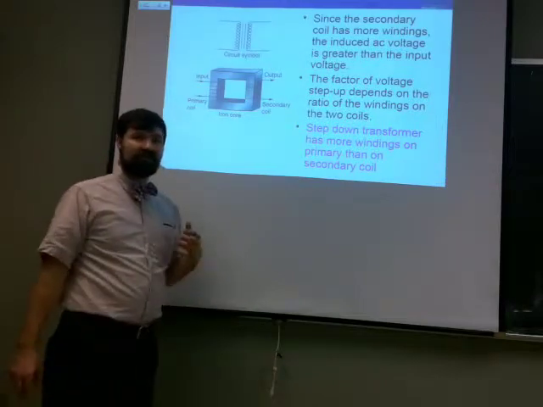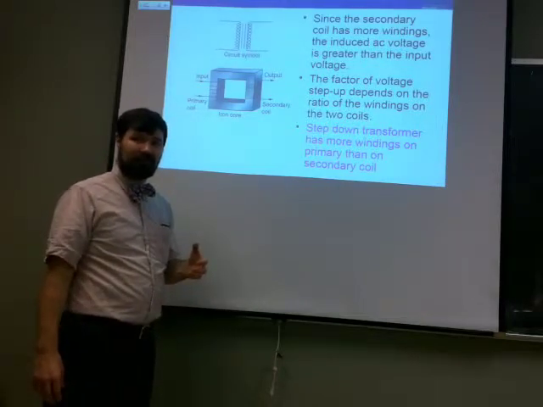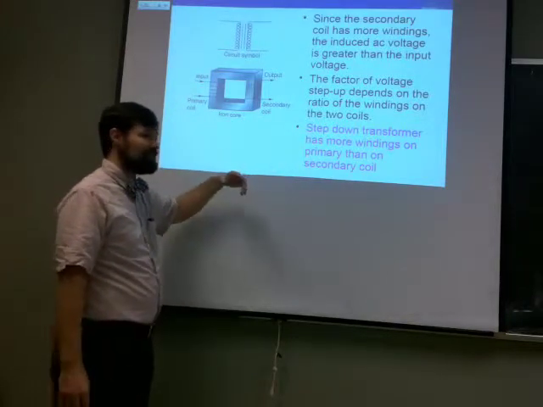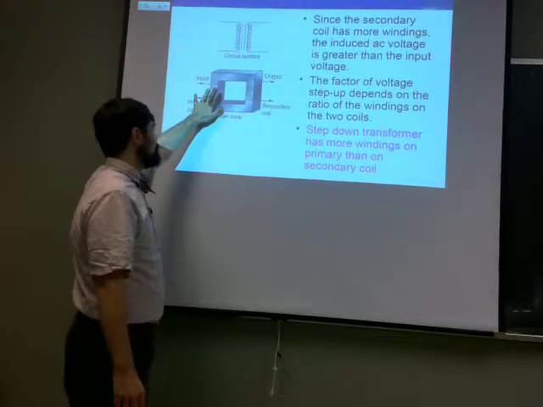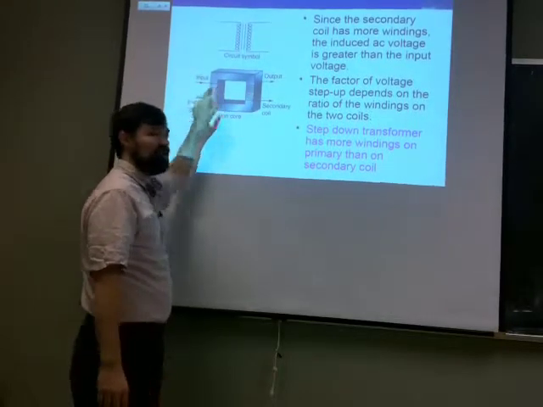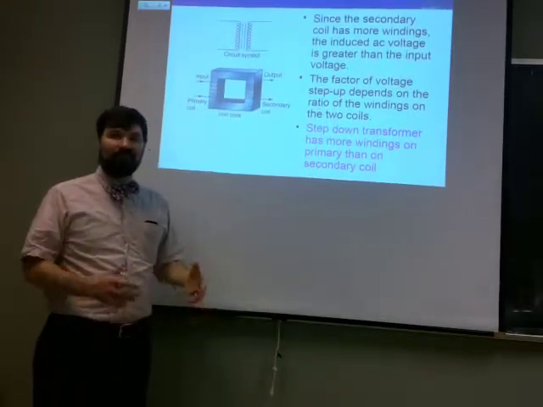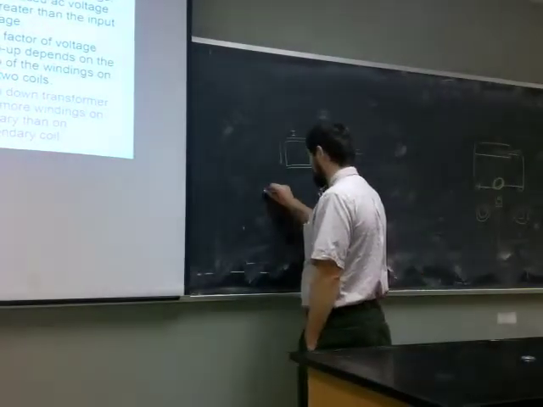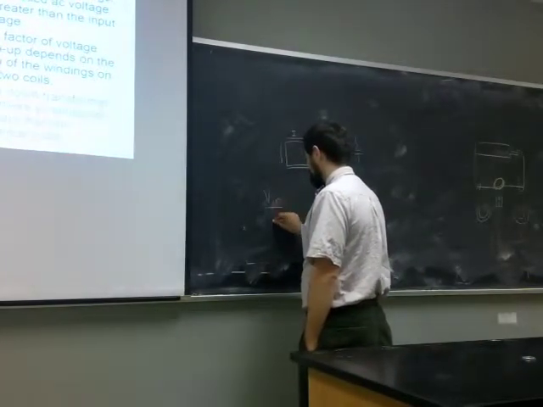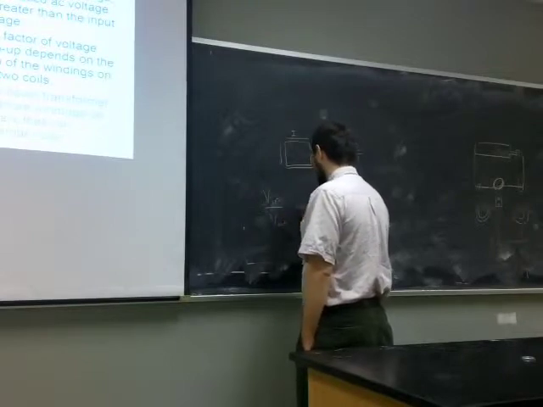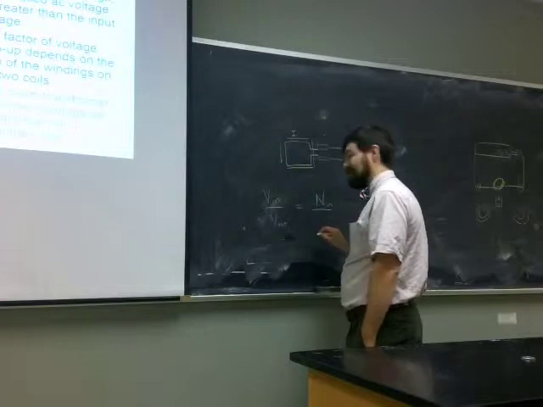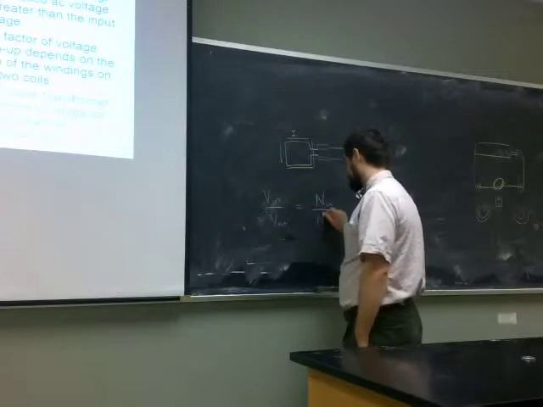One of them is called a step-up transformer. And what it does is it steps the voltage up. The way that it does that is that if you have more windings on this coil than on this coil, you'll get more voltage out. In fact, the relationship is that V in over V out, the voltage, is the number of windings on the primary or input divided by the number of windings on the secondary or output.